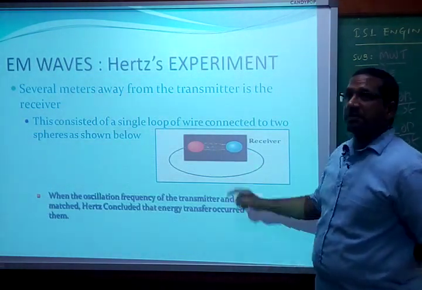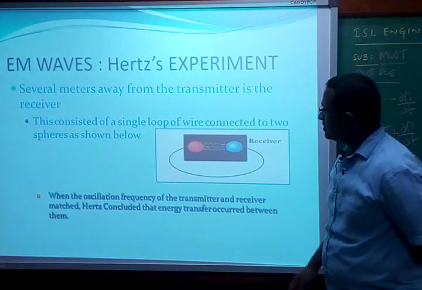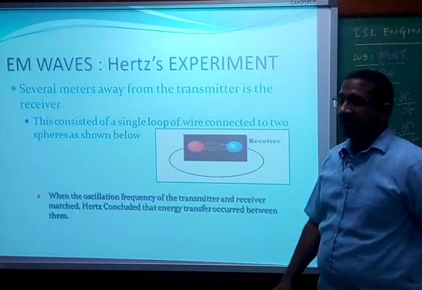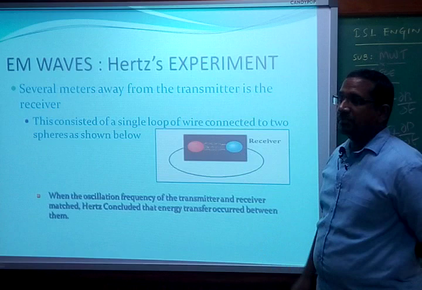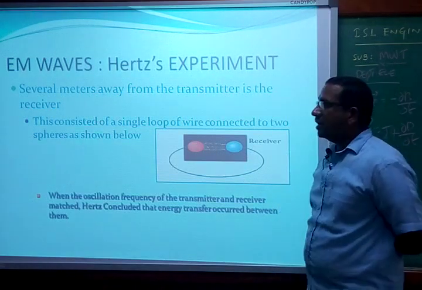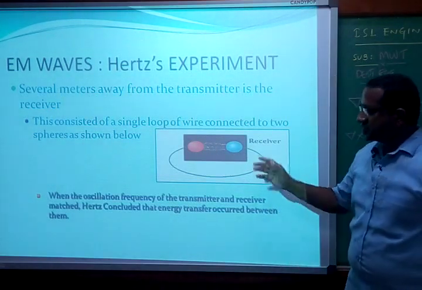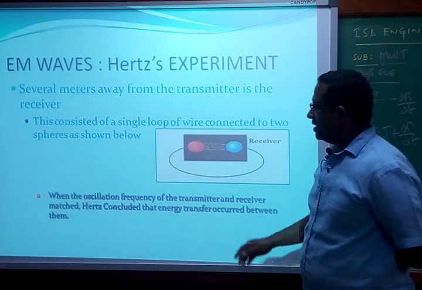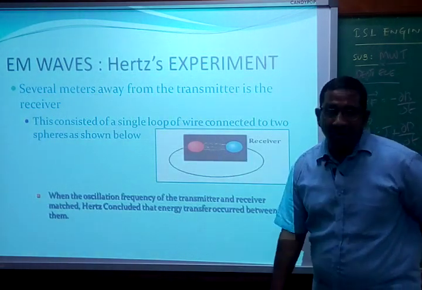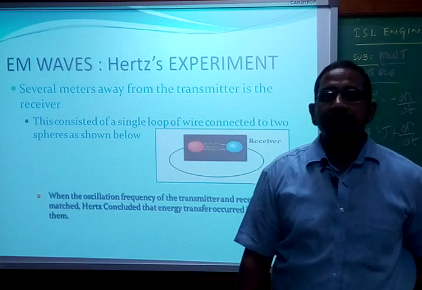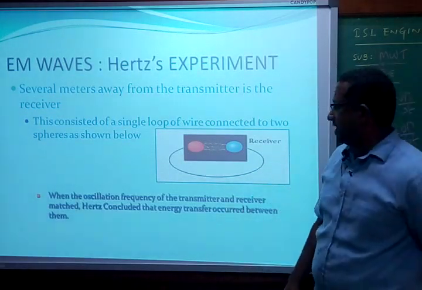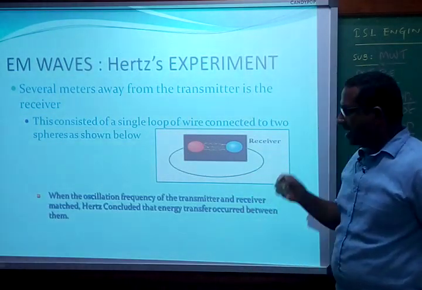He conducted this experiment, and every time he found that whatever wave was transmitted by the source was received by the receiver. With this experiment he concluded that electromagnetic waves exist in free space or open space.